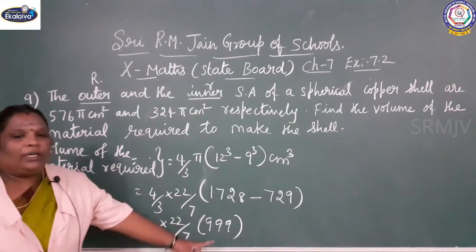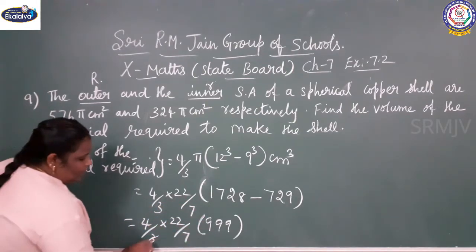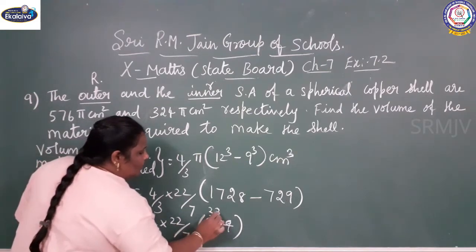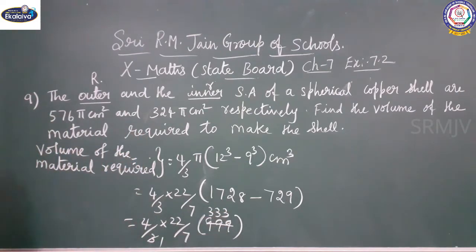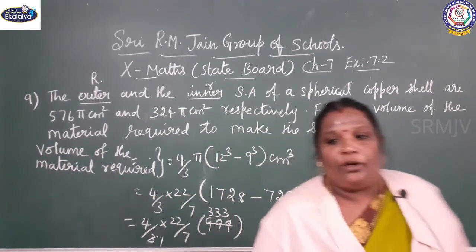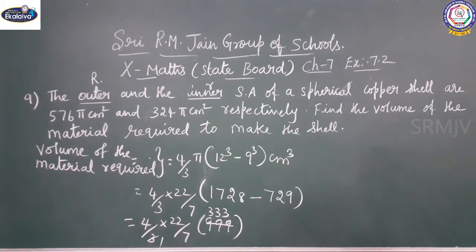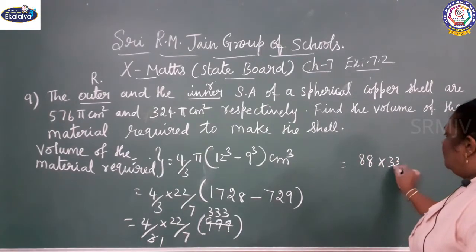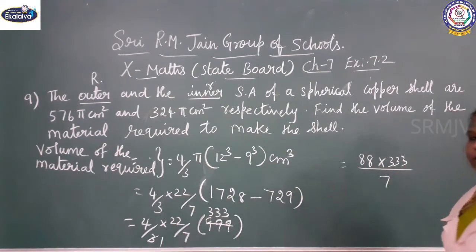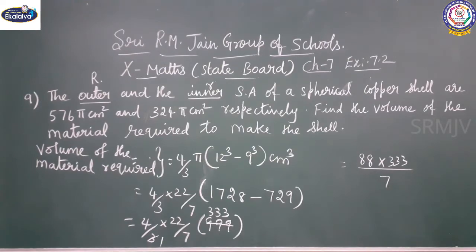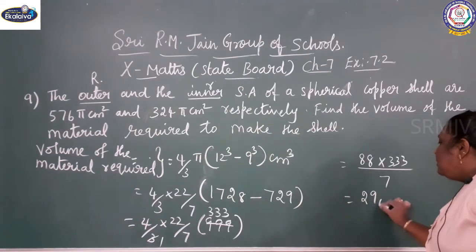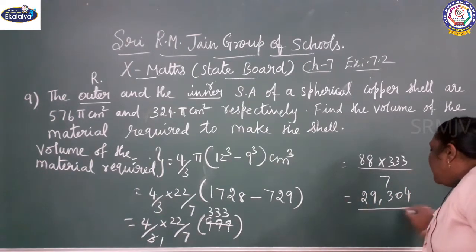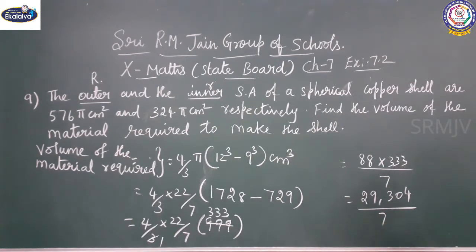Subtracting, you get 999. 3 ones are 333. 22 into 4 is nothing but 88. 88 into 333 by 7. 88 into 333 is 29,304 by 7. We divide, what is the answer you are getting?